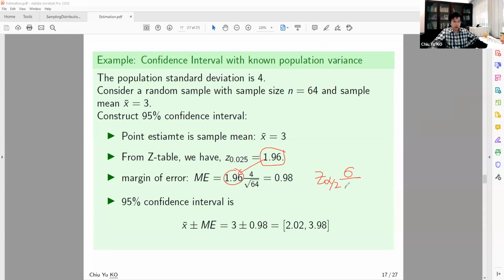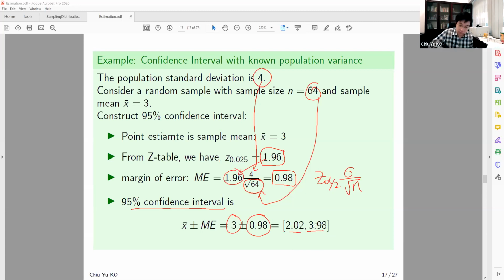We want sigma over root n. Sigma is 4, and root n is root 64 here. This gives 0.98. So that means that if you try to guess the 95% confidence interval for the mean, it will be 3 plus minus 0.98, so it will be 2.02 to 3.98.